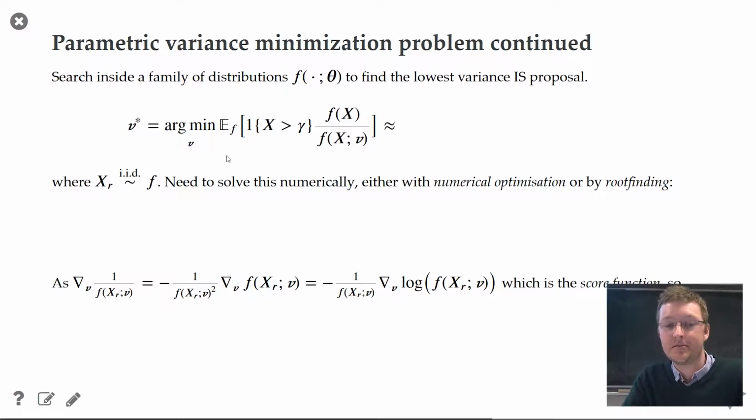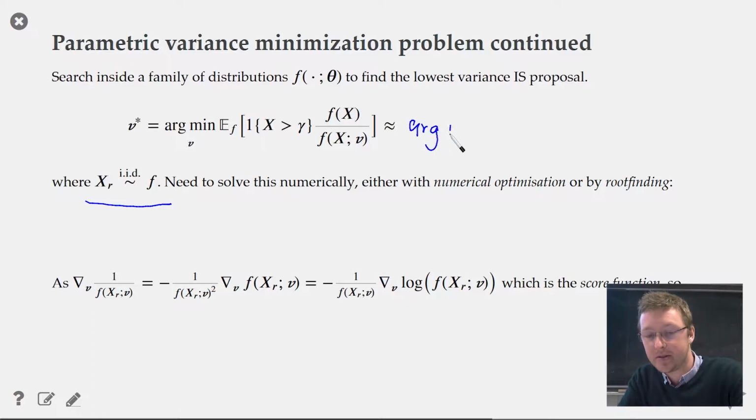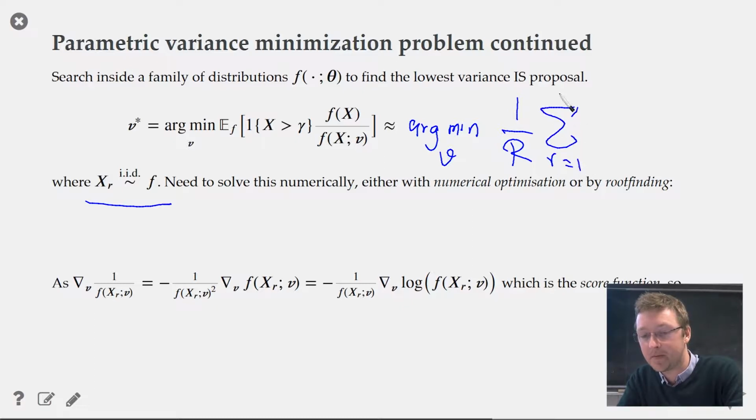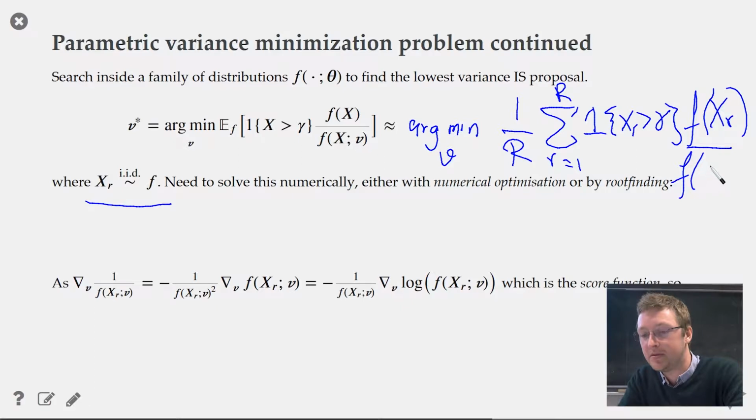So instead of minimizing that true value, you sample from the original distribution some x_r's, and you look at the minimum of the sample mean of the indicator x_r greater than gamma, and then the likelihood ratio of each of them: original density f at x_r divided by the new density at the point with parameter v.